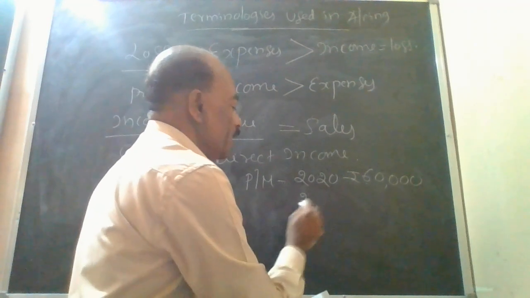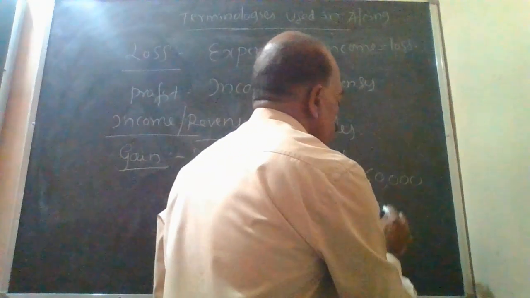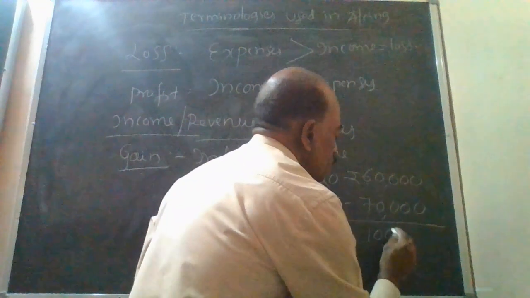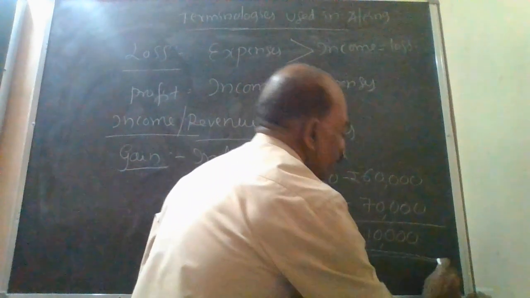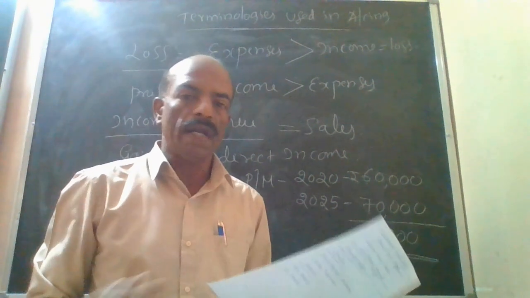Same plant and machinery we are going to sell in 2025. So we sold for 70,000 rupees. So total 10,000 rupees profit we earn. These are the gain, indirect income we are going to get from the business.